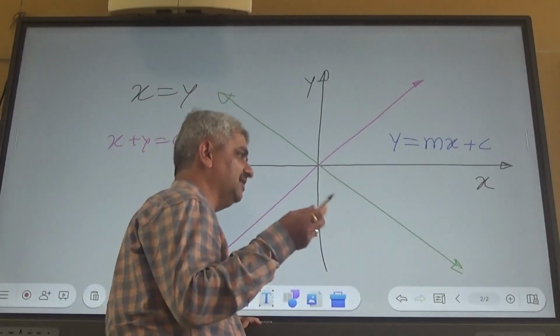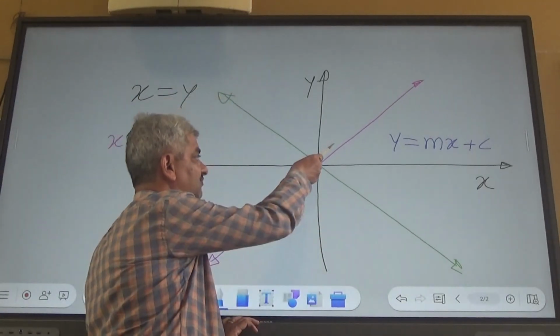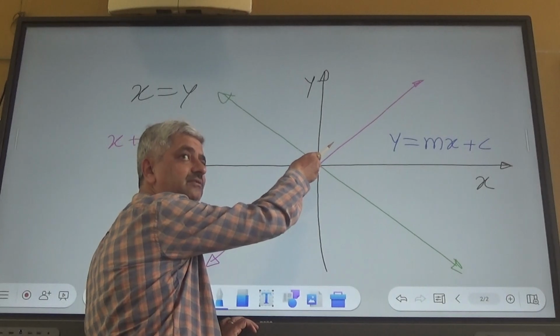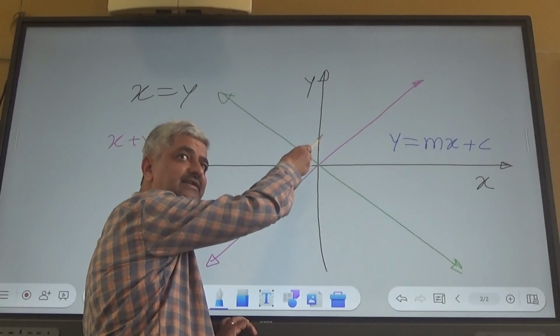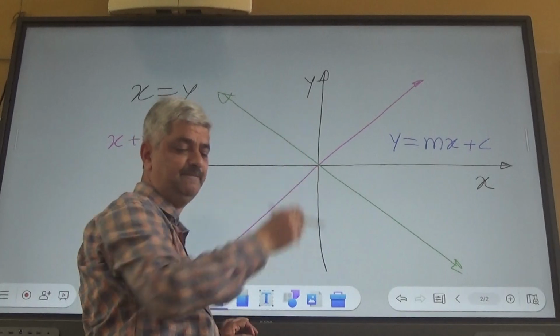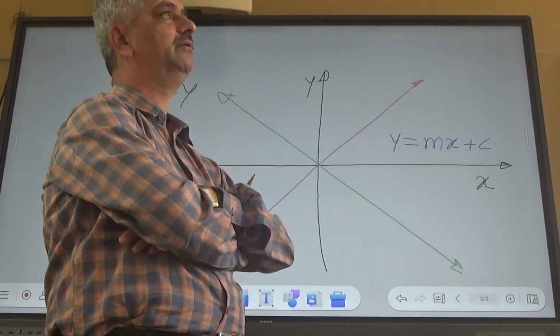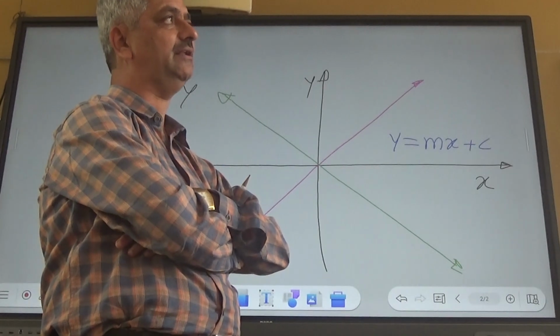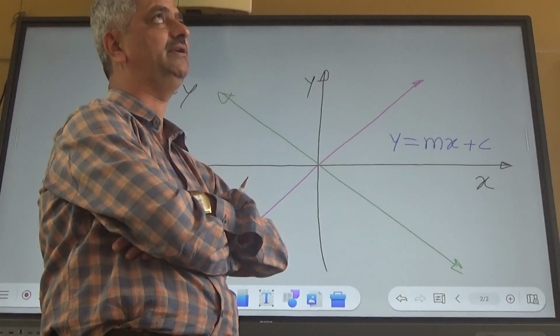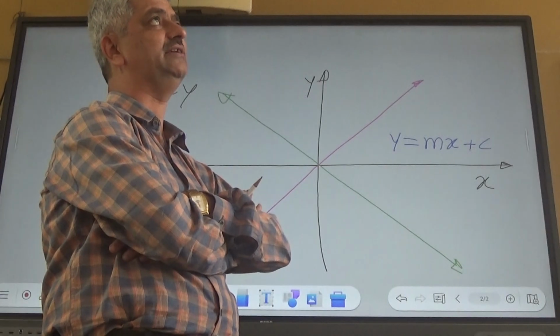Now, try to understand. This violet line I have drawn is satisfying x equal to y. When that line satisfies x equal to y, can I guaranteedly say that it is the equation of that line?